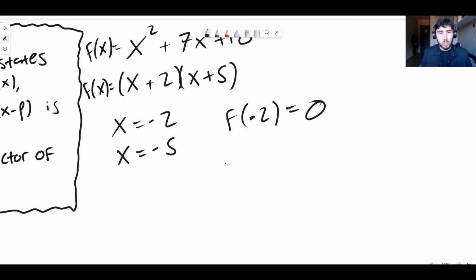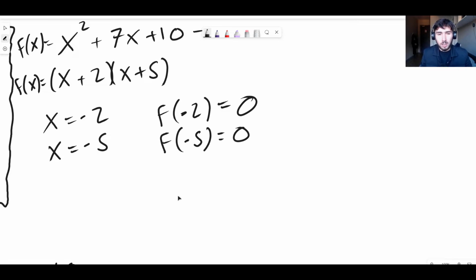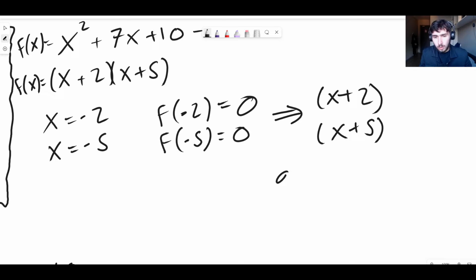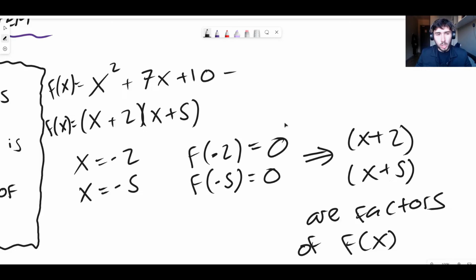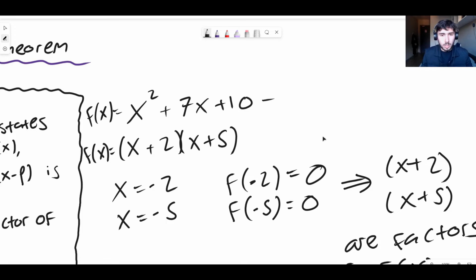So we know f of minus 2 is 0. We also know that f of minus 5 is 0. These are the roots. So what does this tell us? Well, this is telling us that x plus 2 and x plus 5 are factors of f of x. And this is actually quite intuitive, and it's helpful as well. Look at this thing.